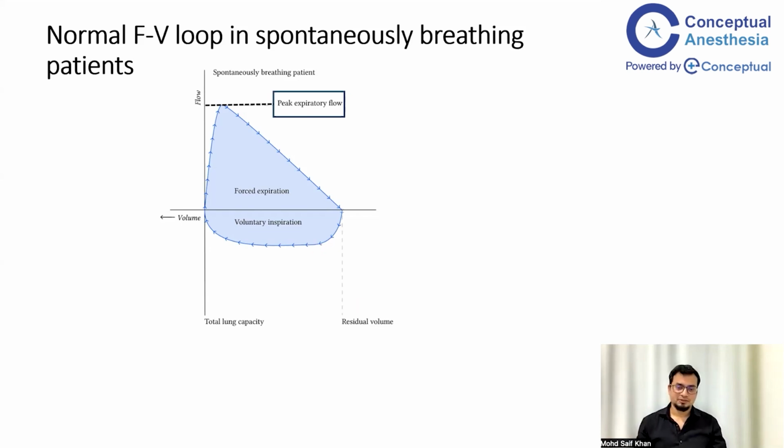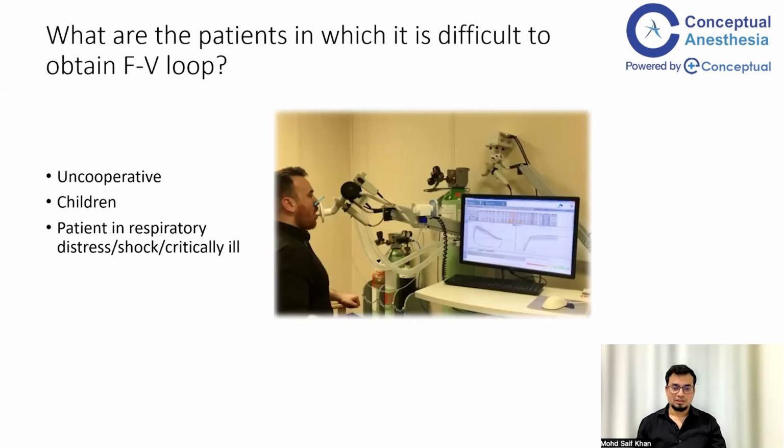All right, I hope you have understood the graph very well. I will discuss this graph again when I go to mechanically ventilated patients. What happens to the FV loop in the mechanically ventilated patient will become very interesting. For now I'm going to discuss other points.